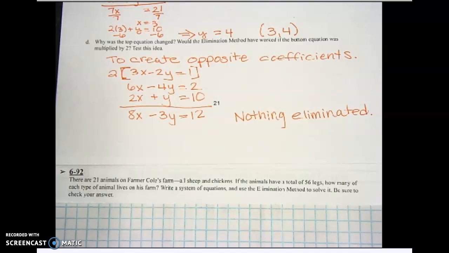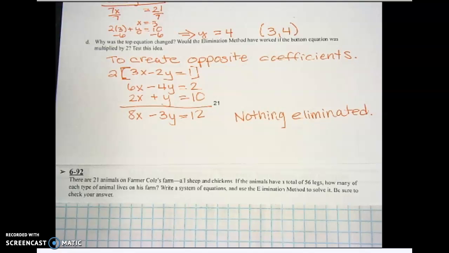How many of you have ever been to a farm before? No? Like even just visited, right? Okay, so how many of you know how many legs a chicken has? 2, right? Even if you've eaten the chicken from the store, they come with 2 legs.